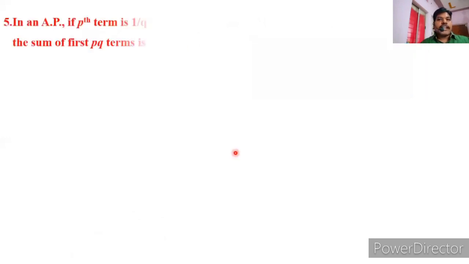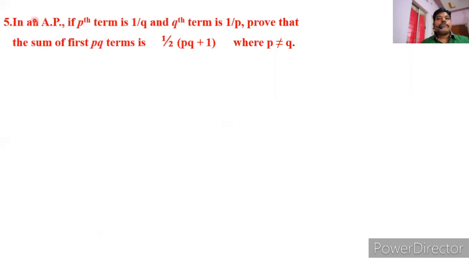So see, students, next question. In an arithmetic progression, if the pth term is 1 by q and the qth term is 1 by p, prove that the sum of first pq terms is 1 by 2 into pq plus 1, where p is not equal to q.